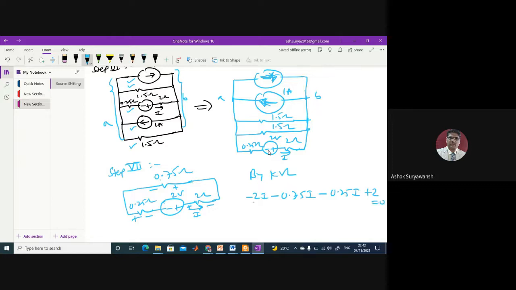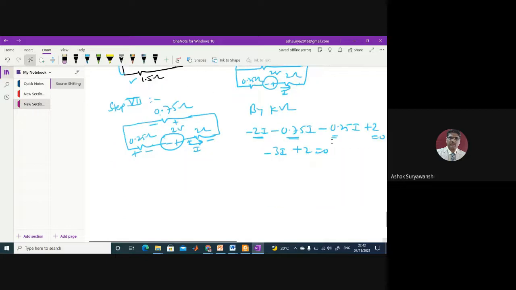So this is minus 2I minus 0.75I minus 0.25I, which is minus 3I, plus 2 equals 0. It means 3I equals 2, I is equal to 2 by 3 amperes, or we can write this as 0.667 ampere. So this is one way.